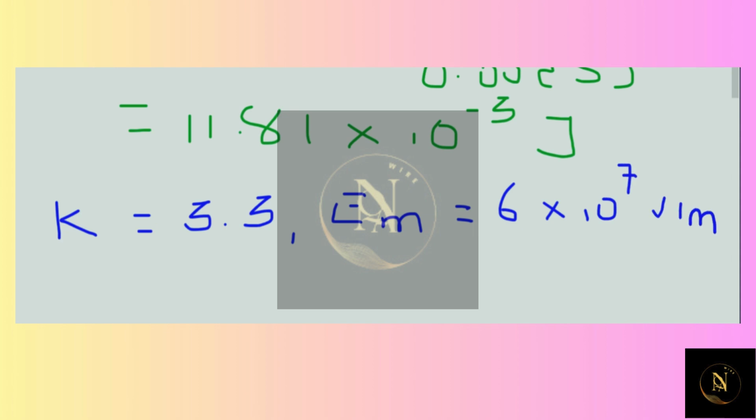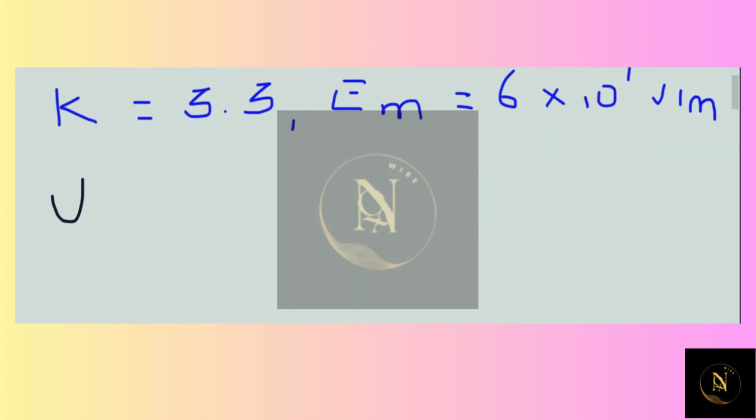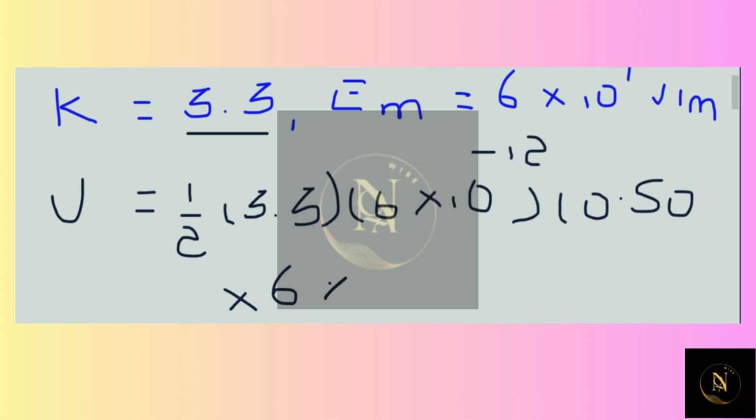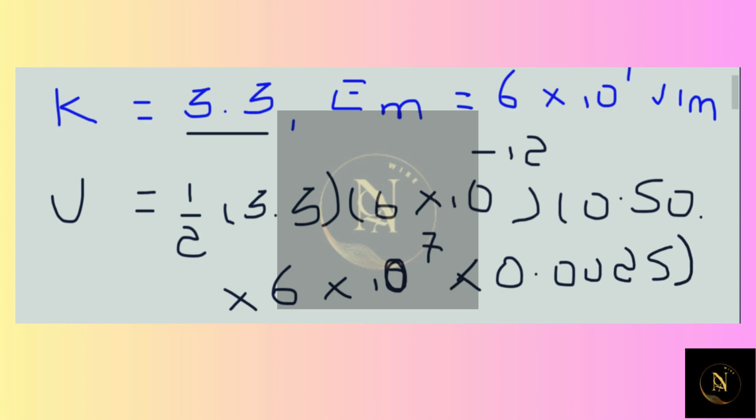In this case, the energy U can be calculated with formula 2, which is 1/2 into K. Now the K is 3.3 into C0, which is 6 into 10 to power minus 12 farad, into 0.50 into EM, which is 6 into 10 to power 7, into D, which is 0.0025 meter, whole square.